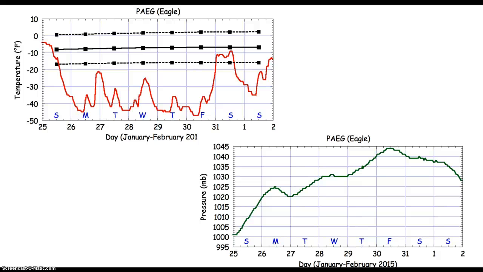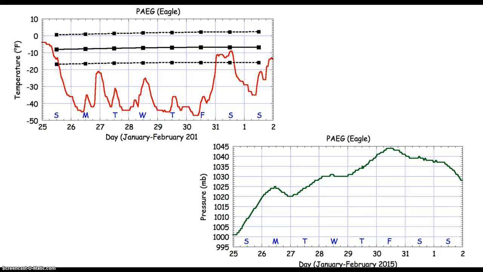Question 6. Based on your analysis, explain the meteorological conditions that gave rise to colder than expected temperatures in Eagle during late January. Suggest what meteorological conditions would give rise to typical temperatures in Eagle in late January.